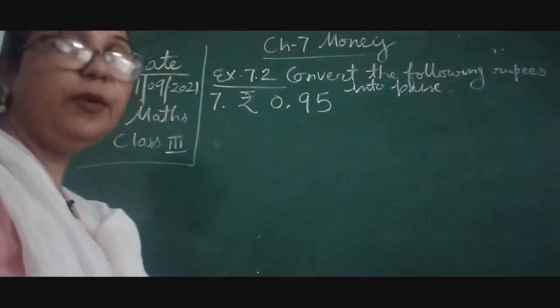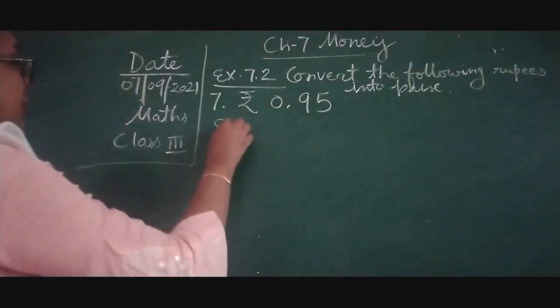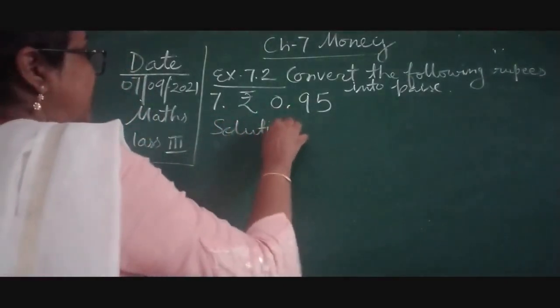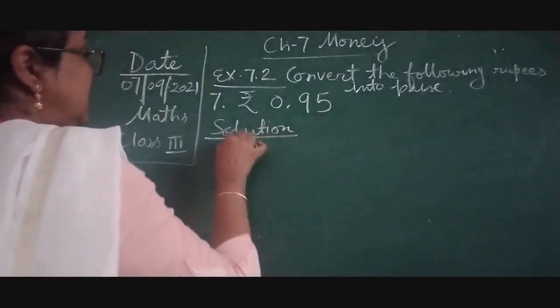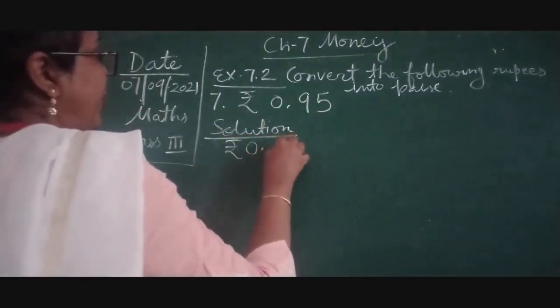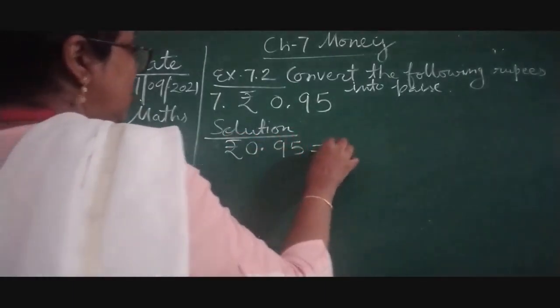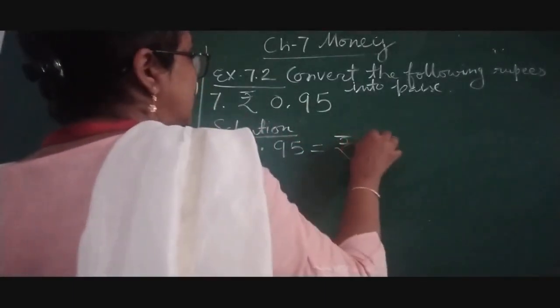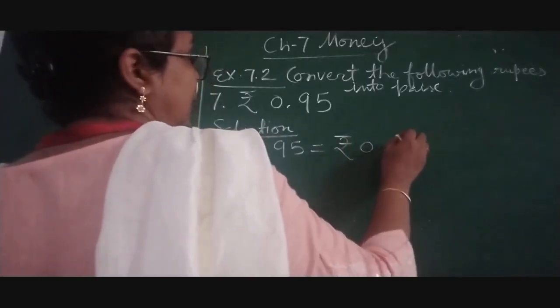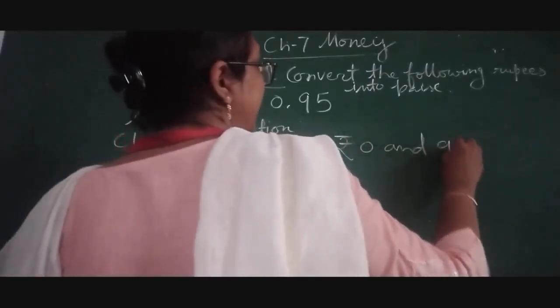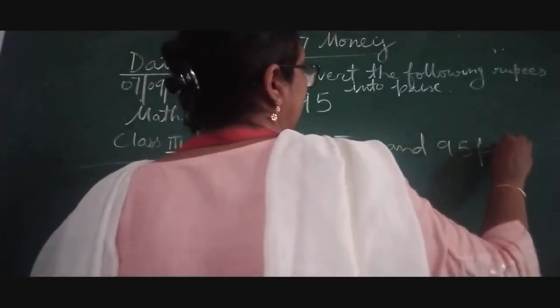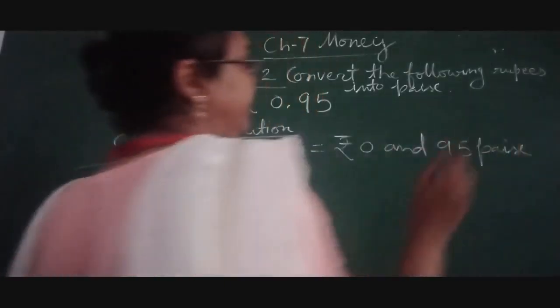Children, when we write the solution, we will see that rupees 0.95 is equal to rupees 0 and 95 paise.